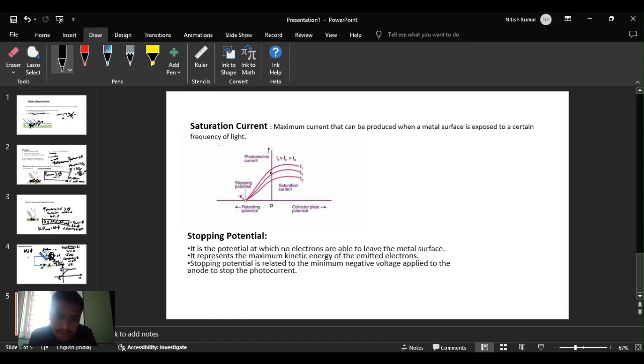In this diagram, we can see that as we increase the intensity, the saturation current is increasing. This is because intensity is proportional to the number of photons falling.